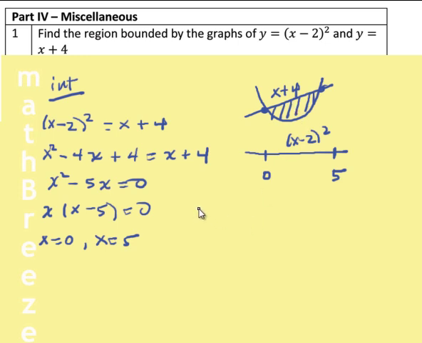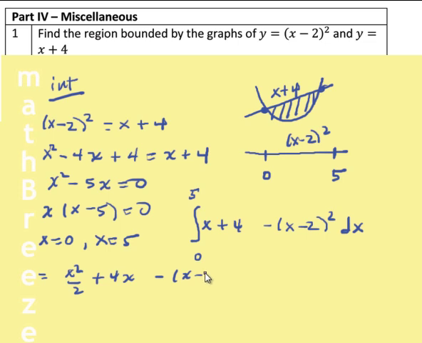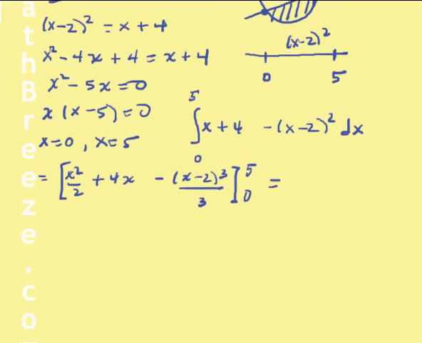All right, let's do our integral. 0 to 5, x plus 4, subtract x minus 2 squared. And we'll just integrate. We have x squared over 2 plus 4x minus x minus 2 cubed over 3. And we're integrating from 0 to 5. All right, let's just substitute in. We substitute in 5.